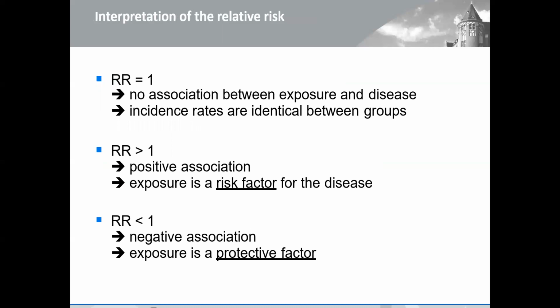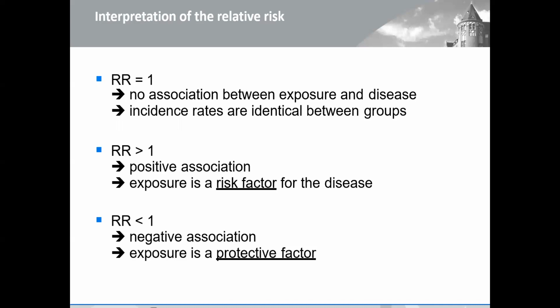How do we interpret a relative risk? As I said, if you have a relative risk of 1, it means there is no association between exposure and disease. It also means, in a cohort study, that the incidence of whatever outcome we are looking at is identical between the group which is exposed and the group which is not exposed.